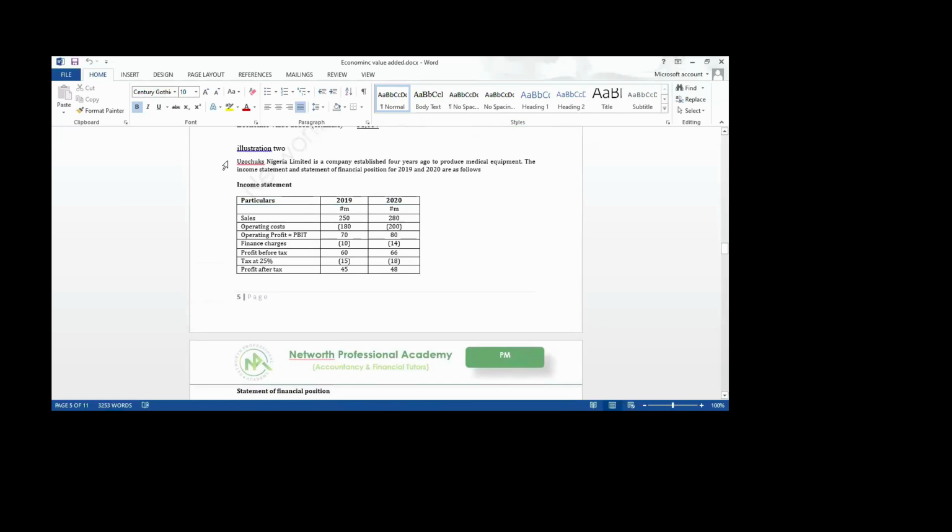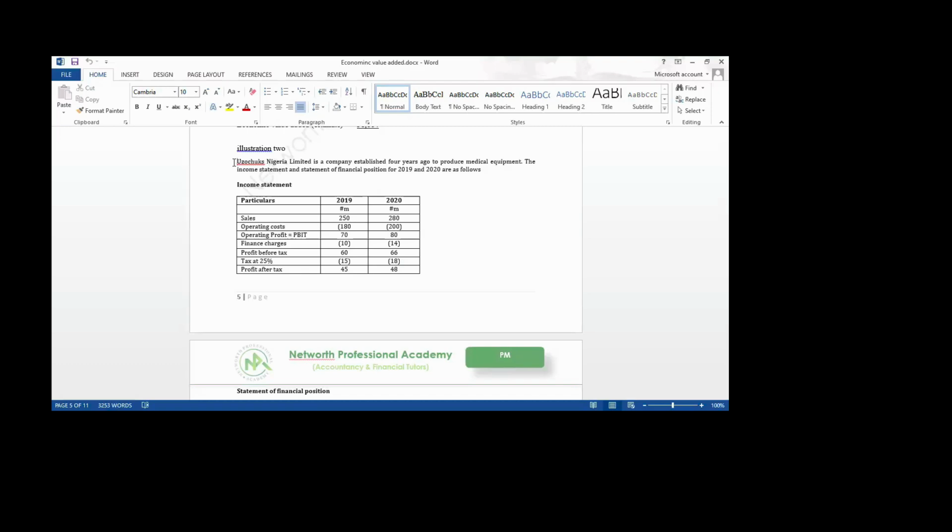We are going to read it first, then we move to the solution board. Any question, please, before I move to this? To the question on Uzochukwu.